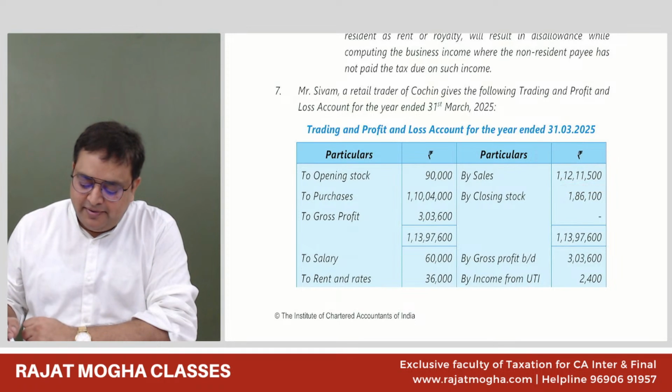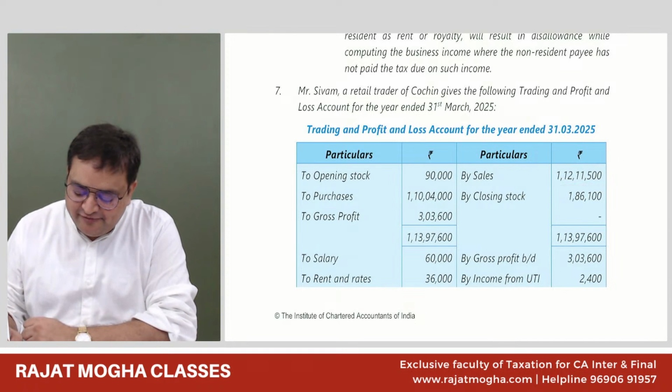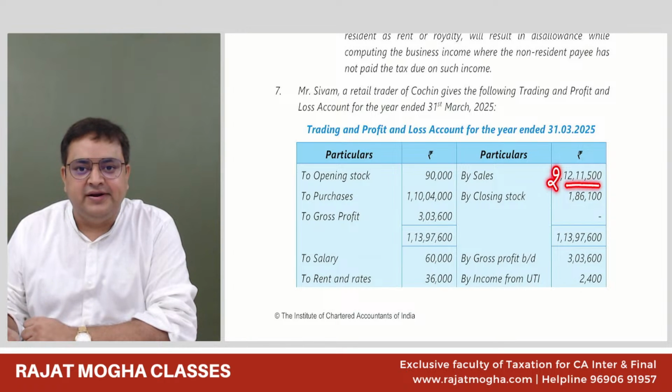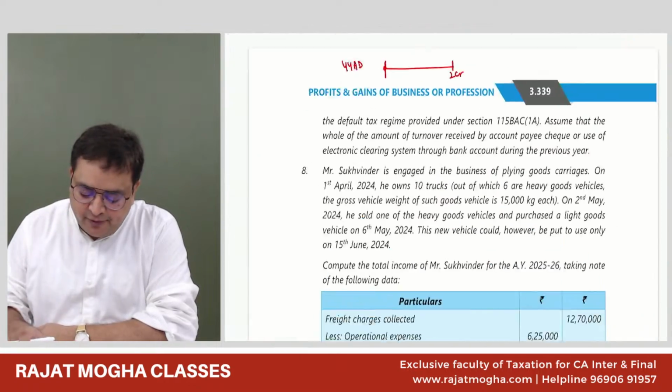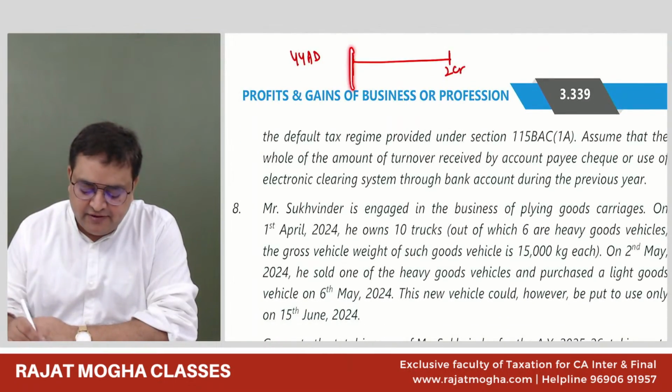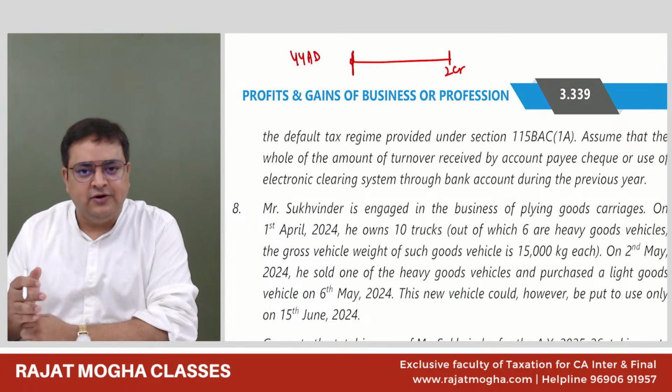But tell me, if his sales would have been 2 crore 12 lakh 11,500, we will check the additional condition. Is he eligible? The answer is yes, still eligible. Why? Because this is again important. Generally, we see that if your turnover is between 0 to 2 crores, then you are eligible.